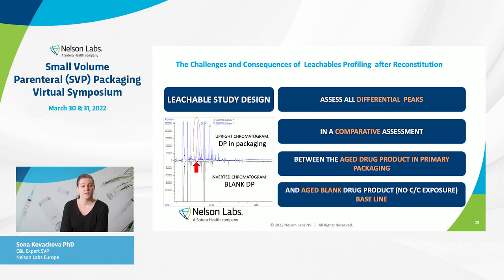The peaks or compounds which are present in the sample chromatogram but not in the blank drug product chromatogram will be labeled as leachables, which were introduced through the interaction of the packaging with the drug product. Having a good blank drug product also gives us a very good baseline reference for the study.